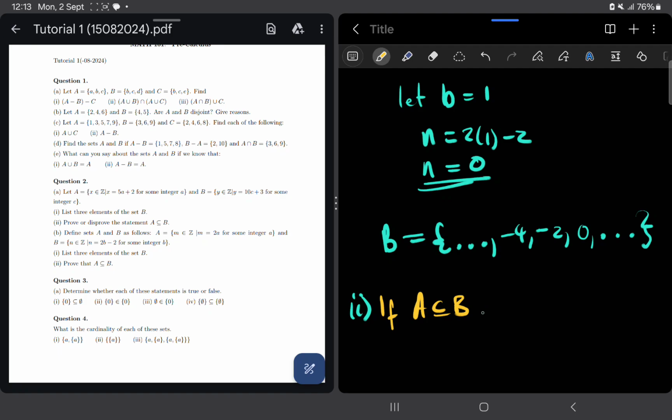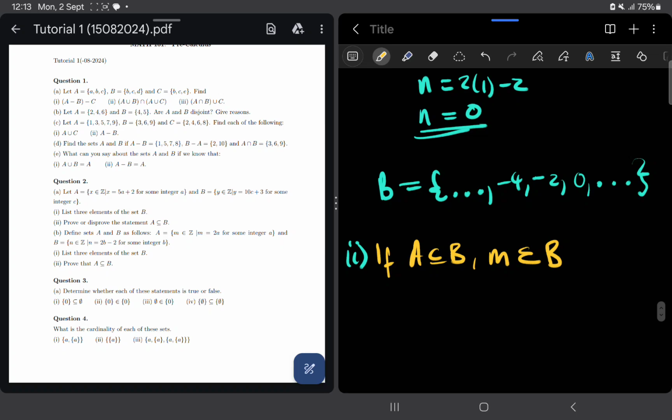The guys in A are called M. So we say M is an element of B. If A is a subset of B, it means all M values are elements of B. Because if you say A is a subset of B, it means everything in A is also in B. And the things in A are called M. If it is also in B, it means it is an element of B.